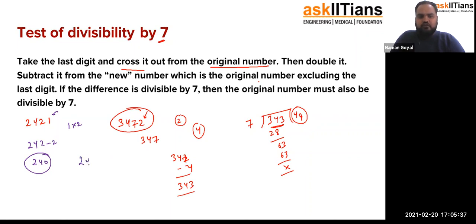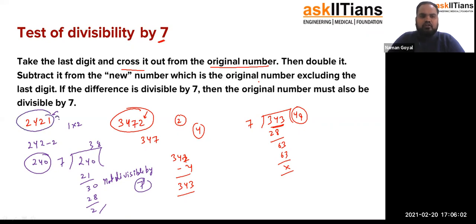You can check 240 easily. 7 times 30 is 210, 7 times 34 is 238. This number is not divisible by 7, so we can say that 2421 is also not divisible by 7.